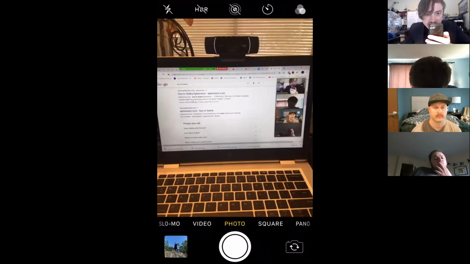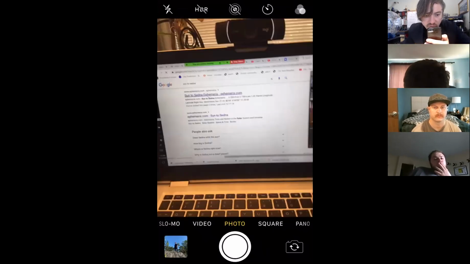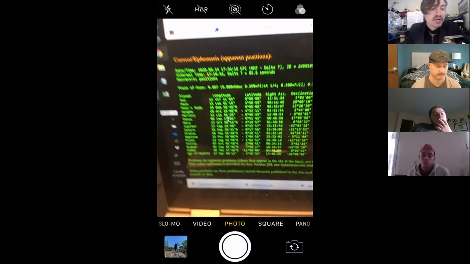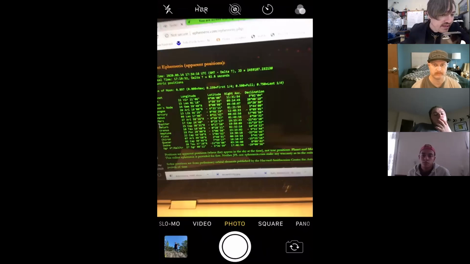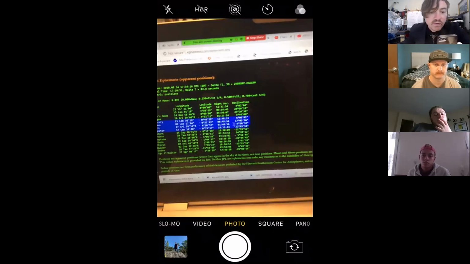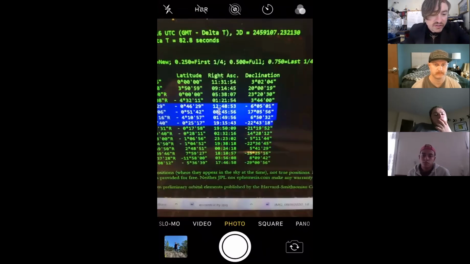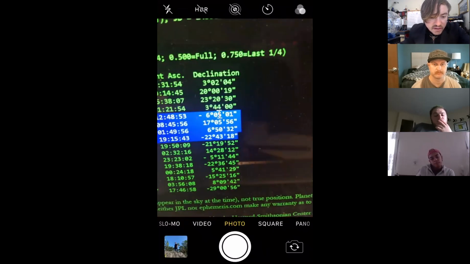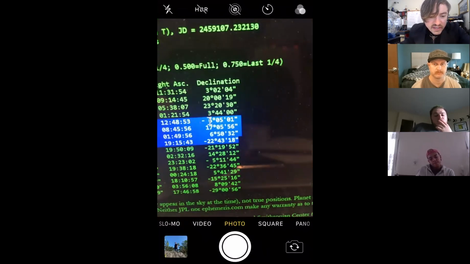And ephemeris.com shows us the right ascension and declinations in terminal font of the 5 naked eye planets. We're going to need these for today. The right ascensions are in hours, minutes, and seconds. The declinations are in degrees, arc minutes, and arc seconds. We don't need arc minutes and arc seconds.